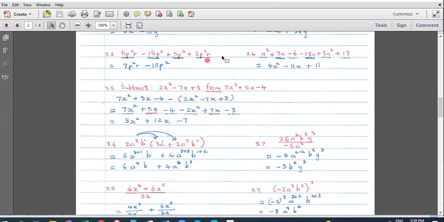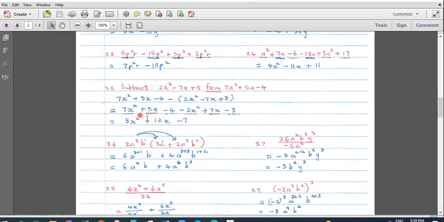Now, once again, like the examples above, we look for what terms are like terms. Your like terms, it's underlined here. It's 7x squared minus 2x squared. Both have x squared. We do not change the exponents. We're simply looking at the numbers in front, your coefficients. So 7 minus 2 is 5.